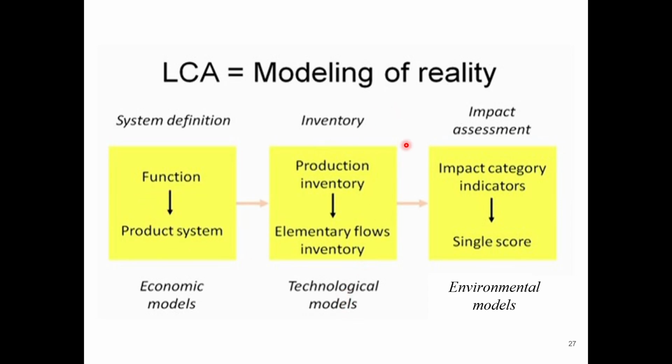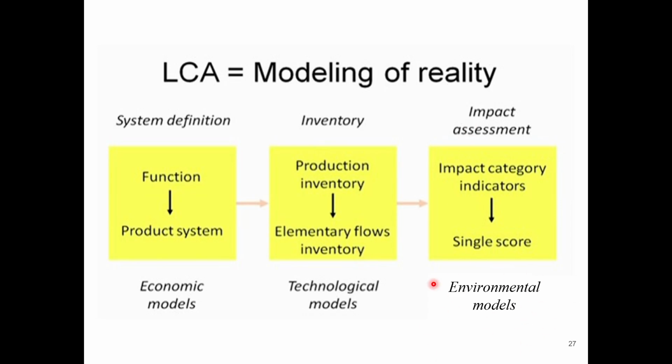The technological model is dependent on the inventory, the data and records, so it depends on the production inventory and on the elementary flows inventory. That is, what is the inflow of elements and what is the outflow of elements. That is the elementary flow.